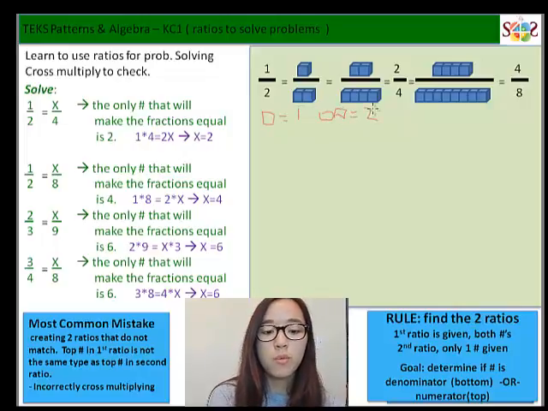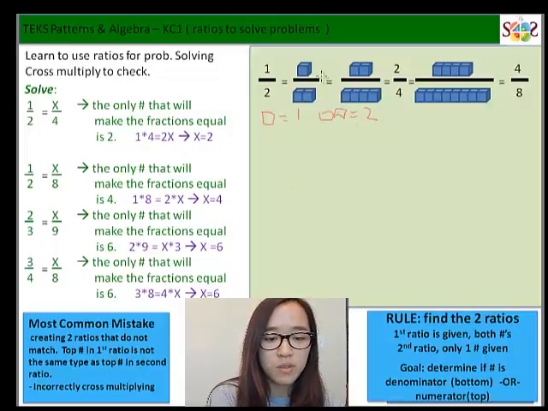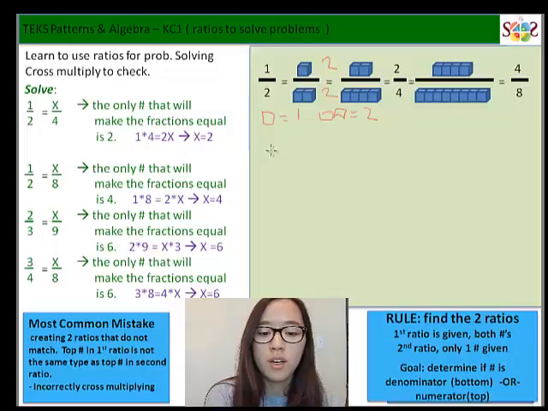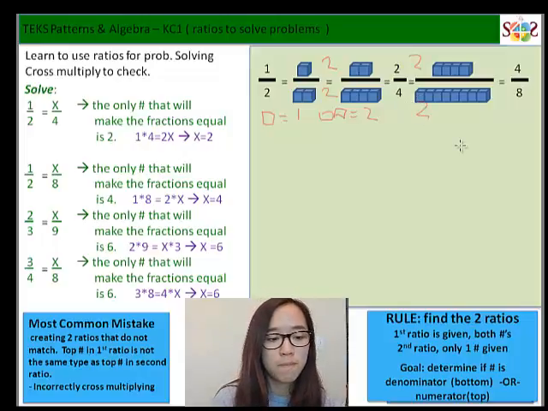If we multiply 1/2 by a factor of 2, putting in 2 on each side, we see that 1/2 is equivalent to 2/4, and if you multiply 2/4 by a factor of 2 again, we see that 2/4 is equivalent to 4/8.